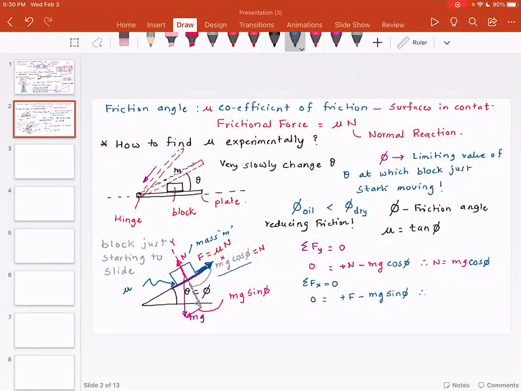That tells me F is equal to mg sine phi, and F is nothing but the frictional force.